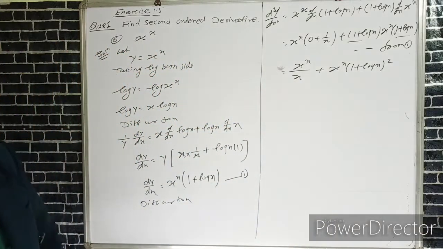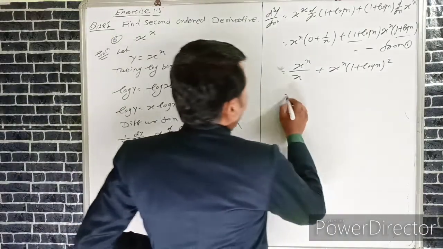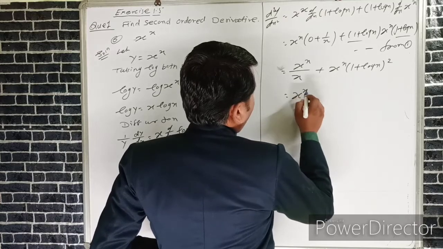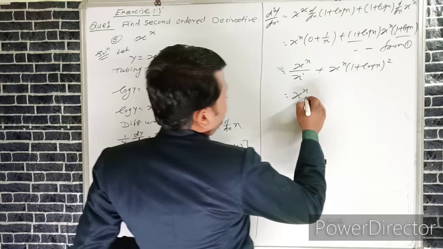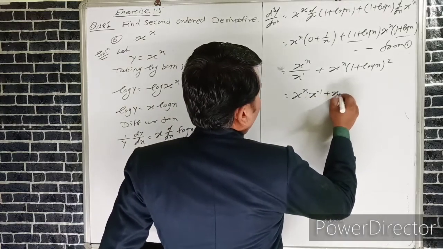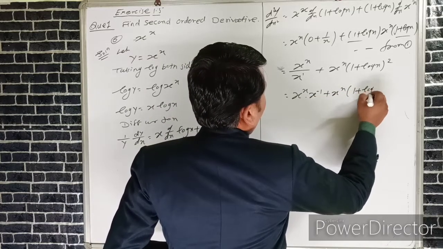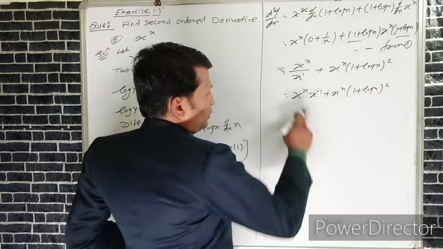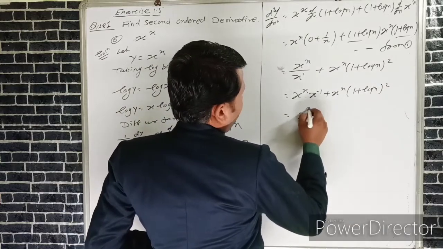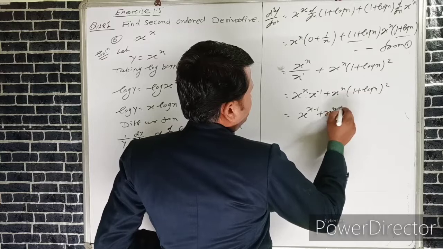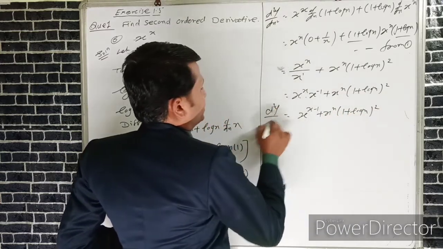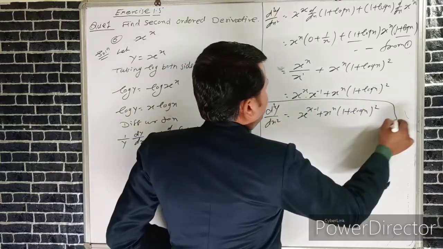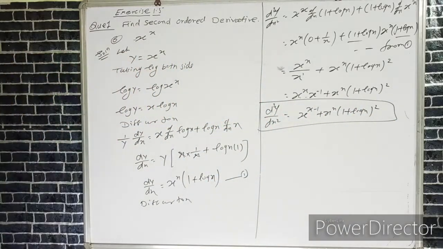If we take x raised to the power x common from both terms, we can write x raised to the power x into, here the power of x is 1, if we take it in the numerator, x raised to the power minus 1, plus x raised to the power x into 1 plus log of x whole bracket square. So we can write x raised to the power x minus 1 plus x raised to the power x into 1 plus log x whole bracket square, which is d2y upon dx square, the second order derivative or higher order derivative of the given function x raised to the power x.